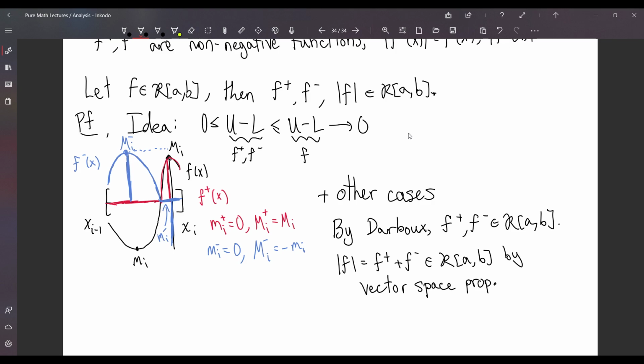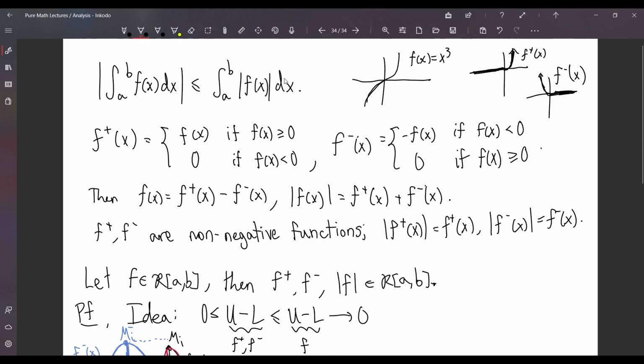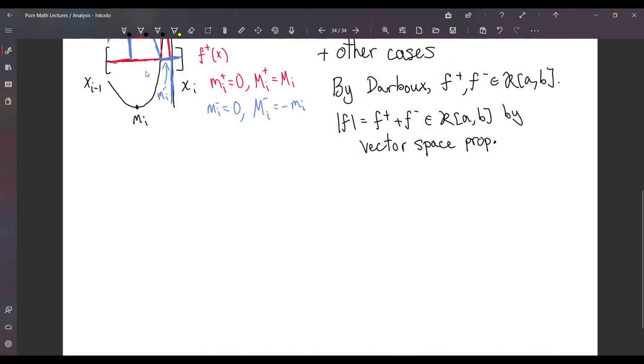Okay. So the last thing to show is what we've set out to prove, this generalized triangle inequality.